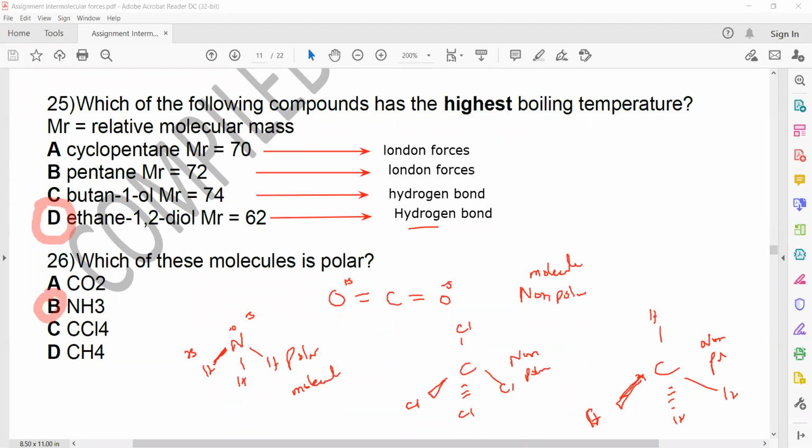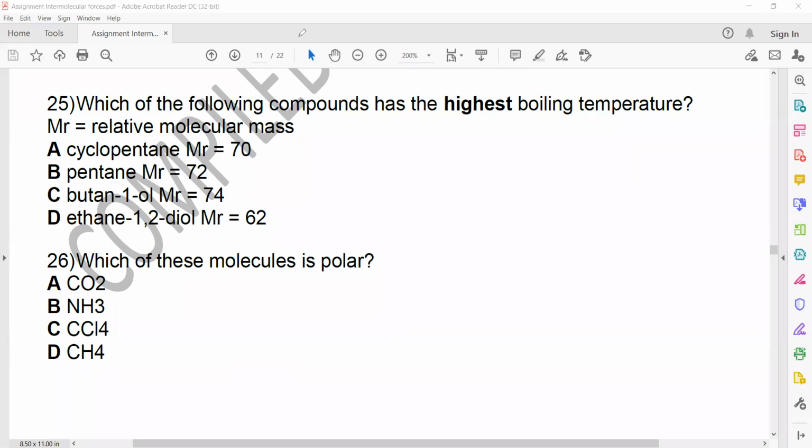If it's not a symmetrical structure, then the molecule will be a polar molecule. Moving on to the next question.